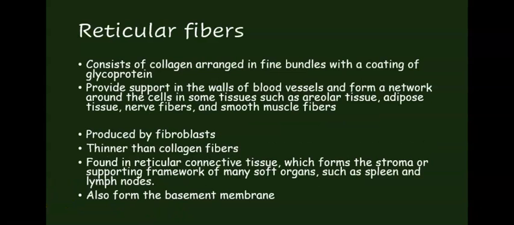And then the reticular fibers consist of collagen arranged in fine bundles with a coating of glycoprotein, but much thinner than the collagen fibers. They form the basement membrane, etc. So these are the general features of connective tissue.